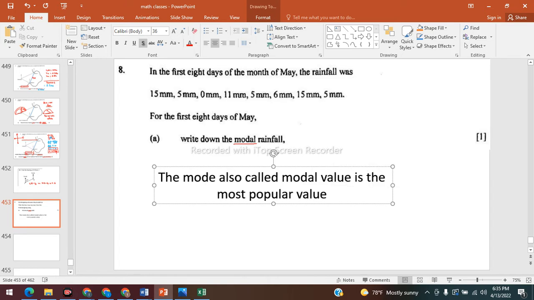So we need to figure out the one that occurs the most.